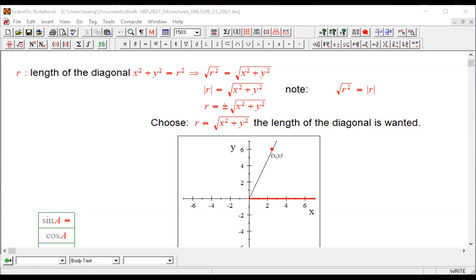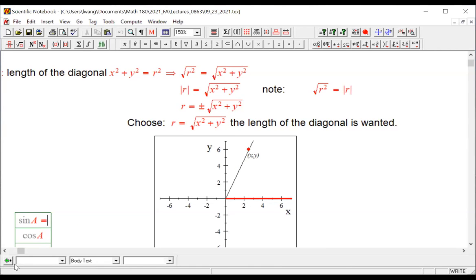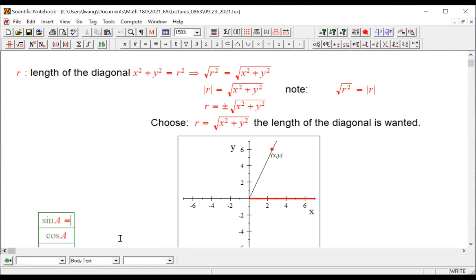So after the input is given, the definition for sine, everybody knows. You used to think that it's the opposite over hypotenuse, right? That's a typical definition in geometry.